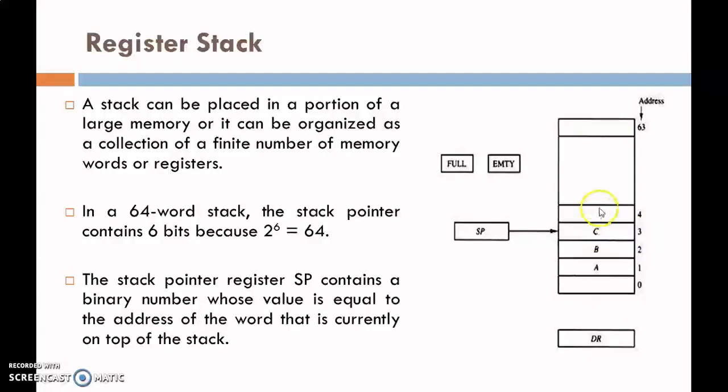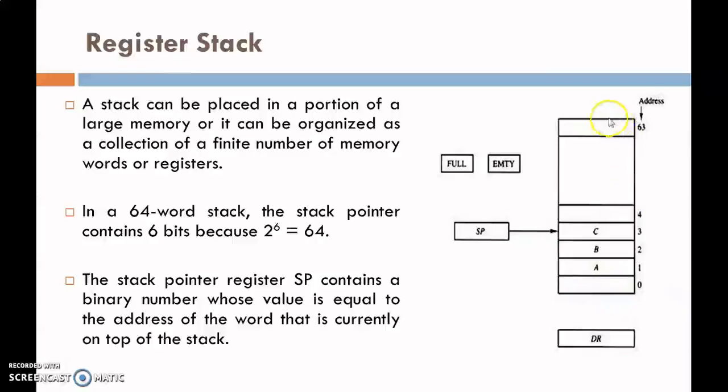Similarly, whenever data comes, all the data are stored according to the stack pointer. When the stack pointer points at address 63, then it switches over to the first address, that means 0, and the data is stored at this 0 location.